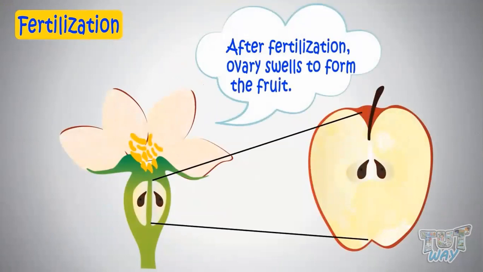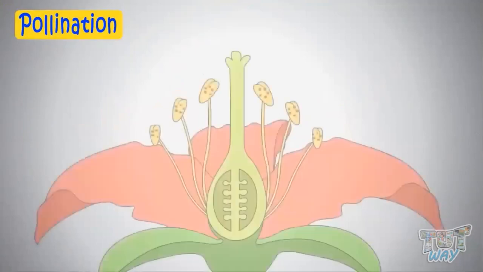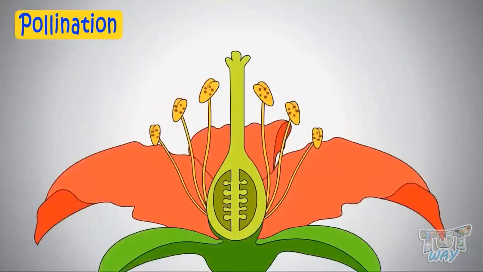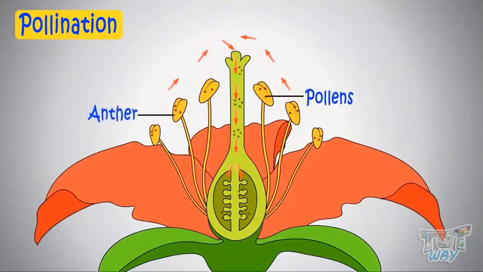Now let's see what is pollination. Pollination is a process by which pollen is transferred from the anther, that is, the male part, to the stigma, which is the female part of the plant, thereby enabling the fertilization and reproduction in turn.